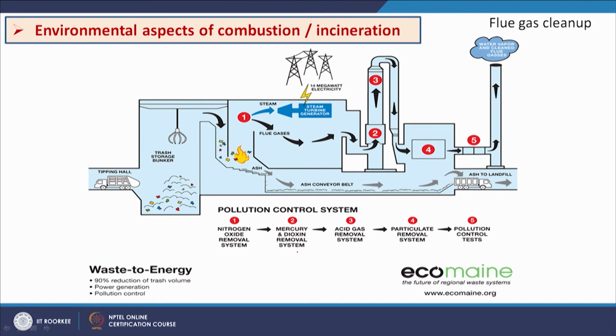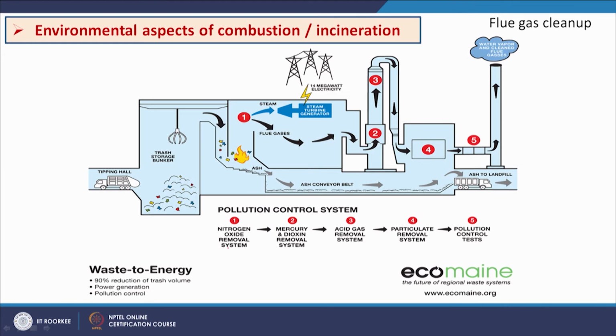In that case there are a number of steps for the cleaning purpose. Here the material is coming, then there is some arrangement for sorting etc., and then homogenization, it is coming here to the furnace and it is burning, then the flue gas, steam production etc., and it is going for the treatment. So, this is a total treatment scheme.